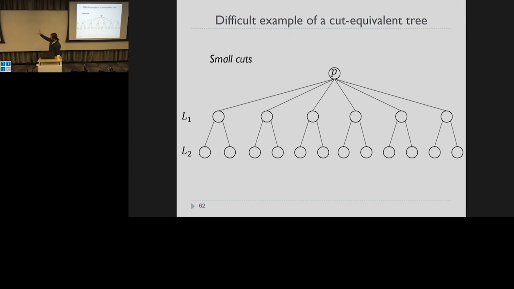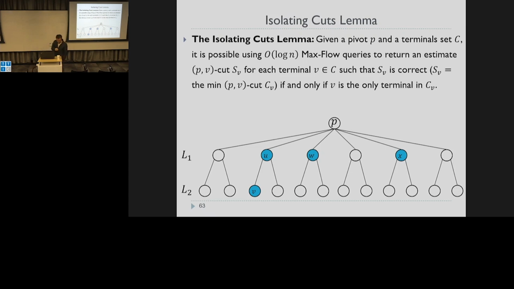So again, we're given a graph. Then we're guaranteed that this is how its Gomory-Hu tree looks like. We know L1, L2, and we know the identity of P, the root. And what the lemma says is that we're given a pivot and a set of terminals, let's say the blue nodes here, and we want to find the minimum cut from P to any one of those terminals.